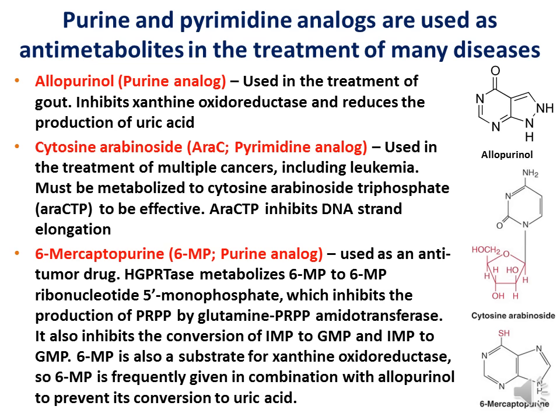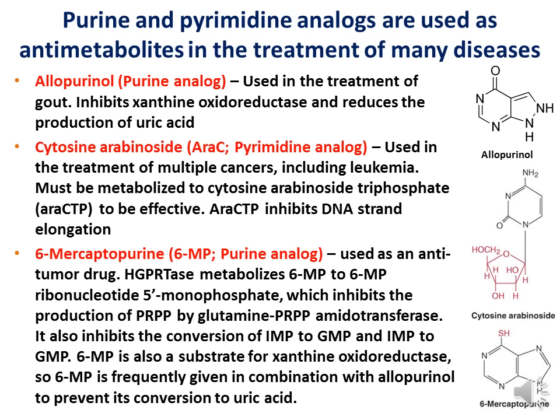6-mercaptopurine is a purine analog that is used as an anti-tumor drug. HGPRTase metabolizes it to its ribonucleotide monophosphate form, which then inhibits the production of PRPP by glutamine PRPP aminotransferase.